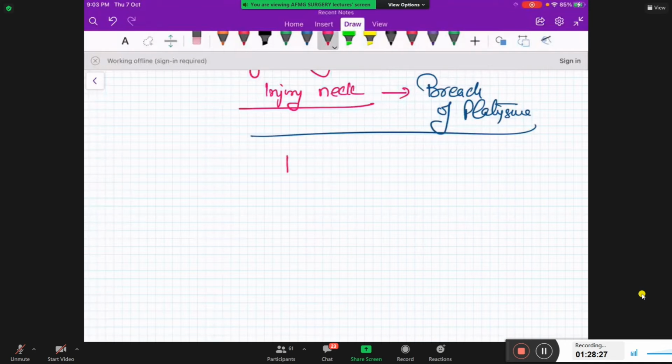That criteria is NEXUS criteria. In this NEXUS criteria, N stands for neurological deficit.